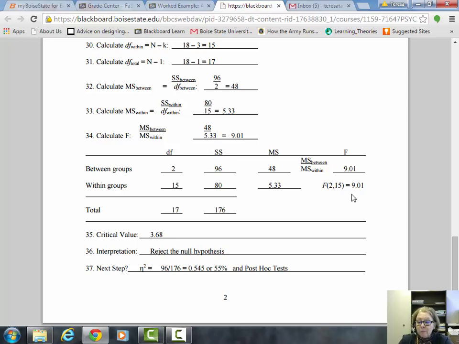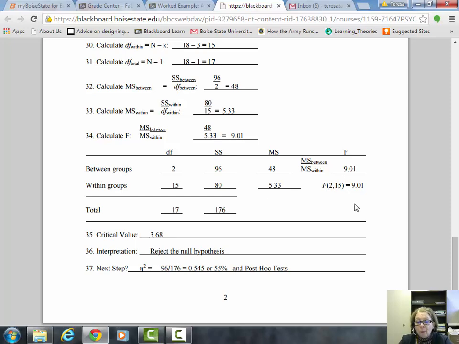Now, the reason that's important is when you need to find the critical value to compare to the F value that you calculated using your data, the way the F table is set up is that there are columns associated with the numerator, all right, and there are rows associated with the denominator.